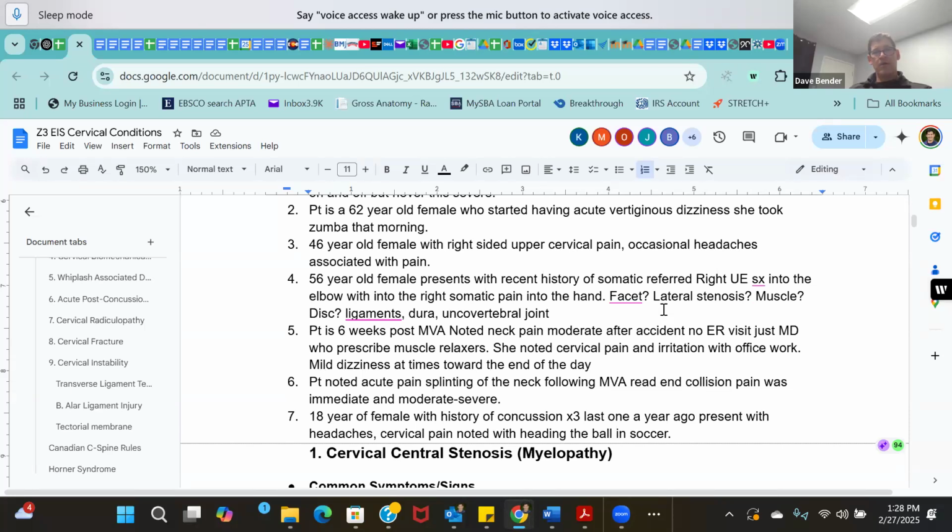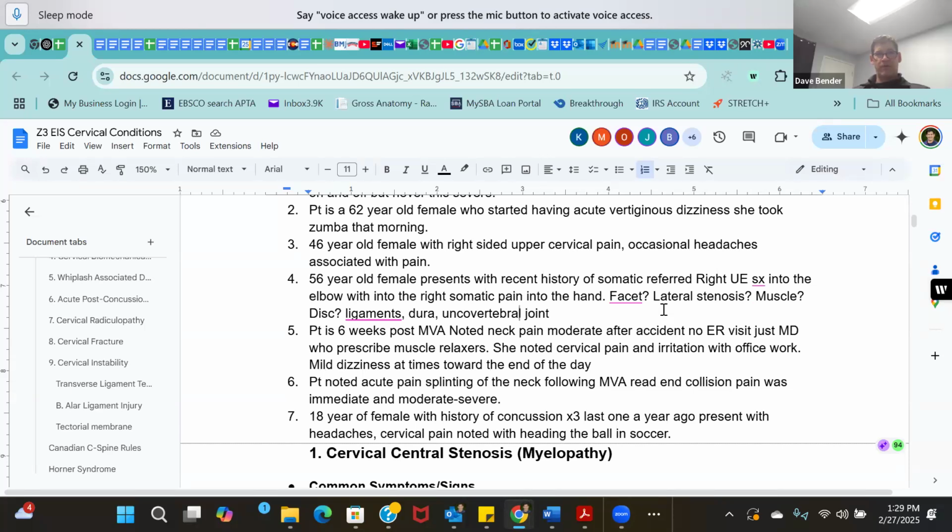While you're doing so well, let's say it's not the uncovertebral joint, but we have a lateral stenosis. And this 56-year-old woman now, what are the likely causes of this lateral stenosis? One of which is in the list.